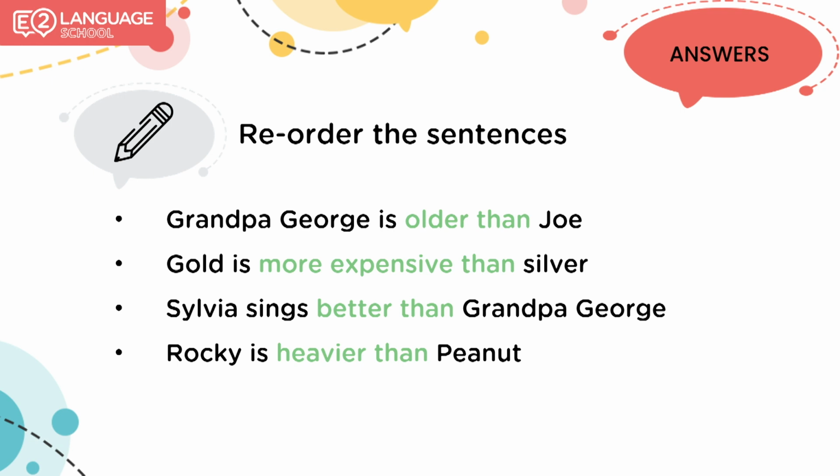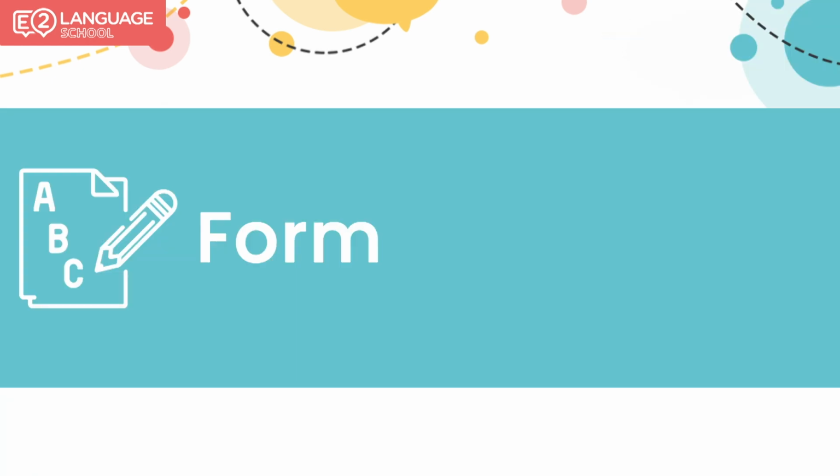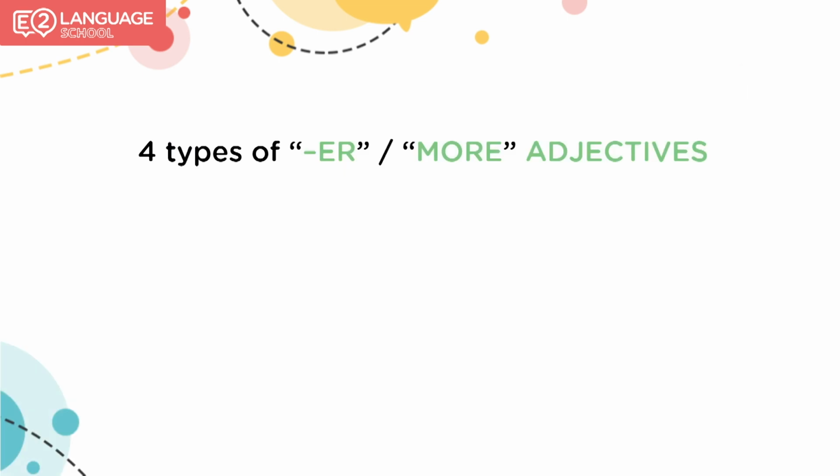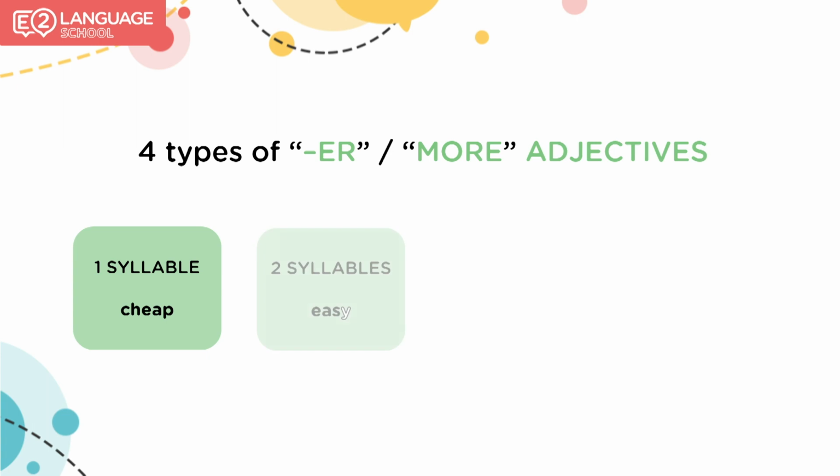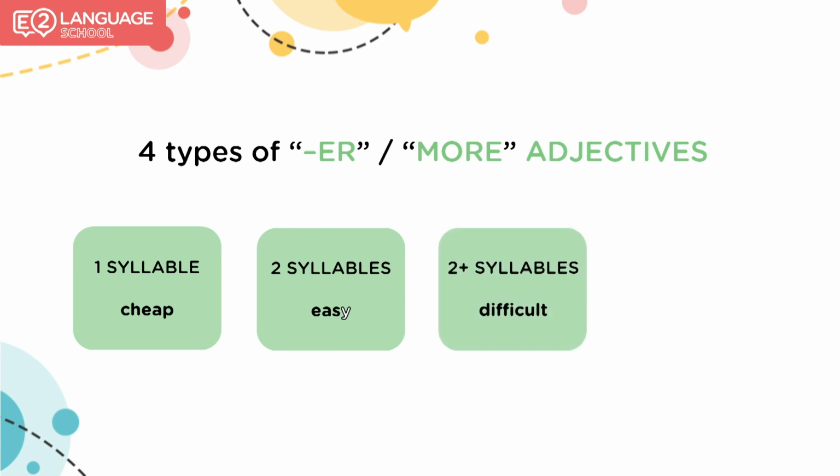Okay, next we're going to take a look at the form. Now, there are 4 different forms of ER and more adjectives. 1 syllable form, 2 syllables when the word ends in Y, 2 or more syllables, and then we have the irregular form.